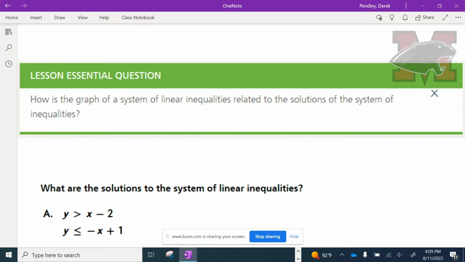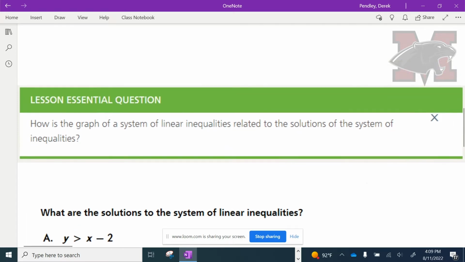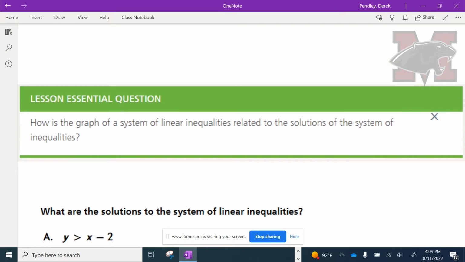All right. So what I need to do is not do the second one. Let me hide that. There we go. So I'm going to hide that from you. I only want you to focus on y is greater than or equal to x minus 2.